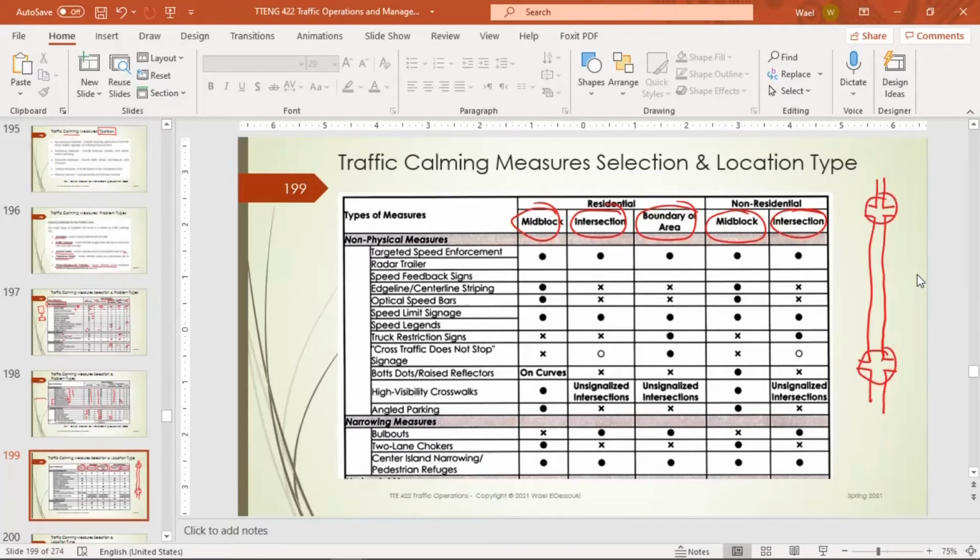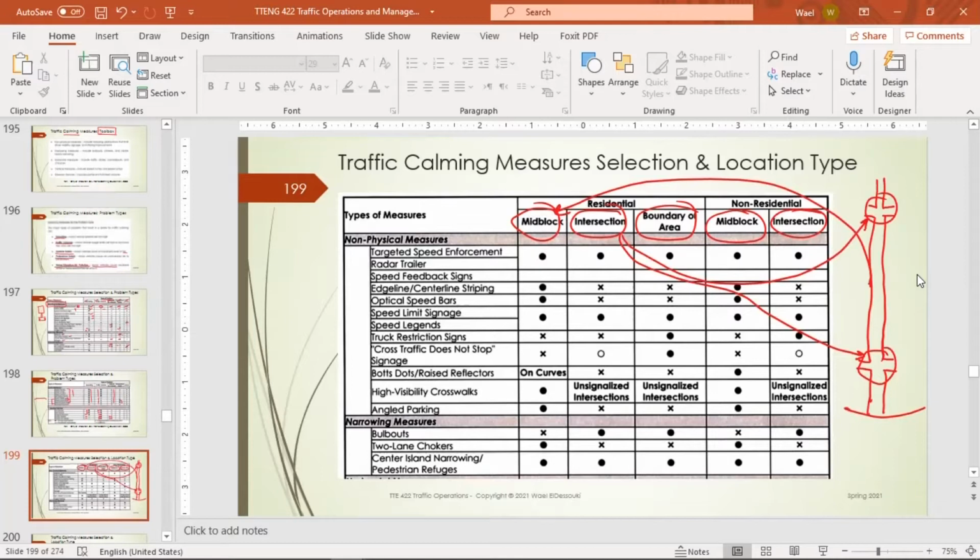This is mid-block. So here, this goes to here, mid-block. This goes to the intersection here and to that intersection here. Boundary area, that means it's on the boundary of the area. Okay? So let's take it one by one.